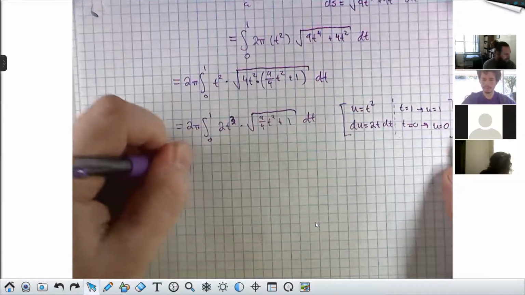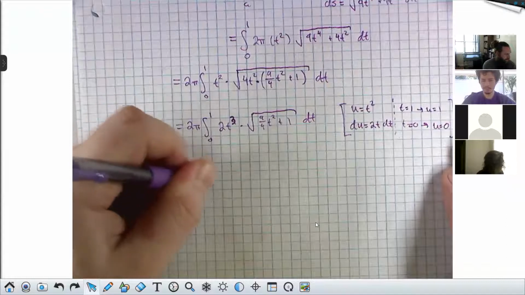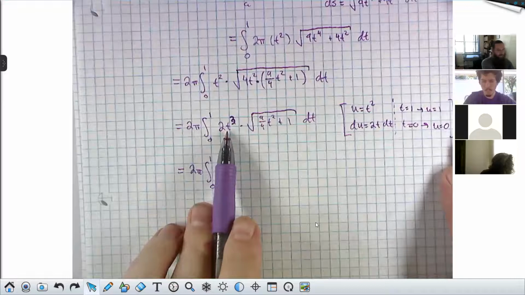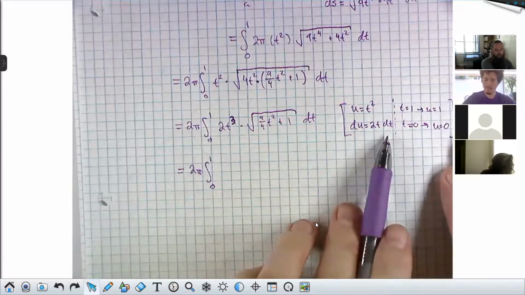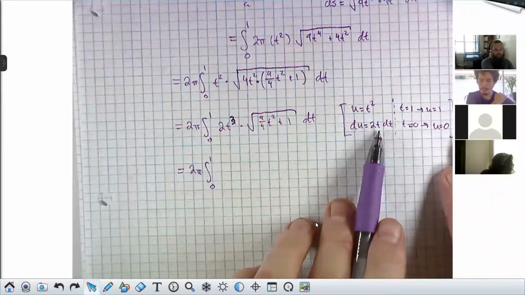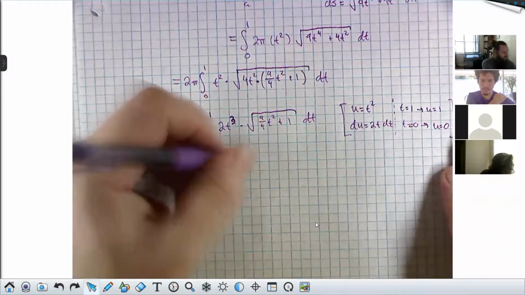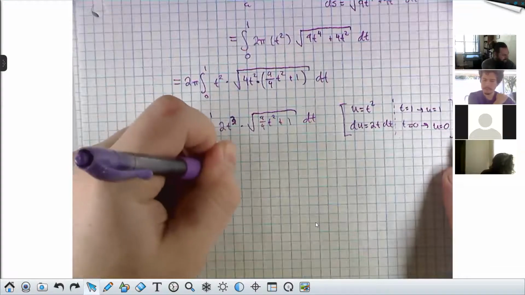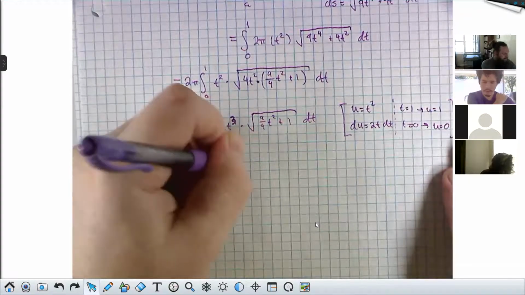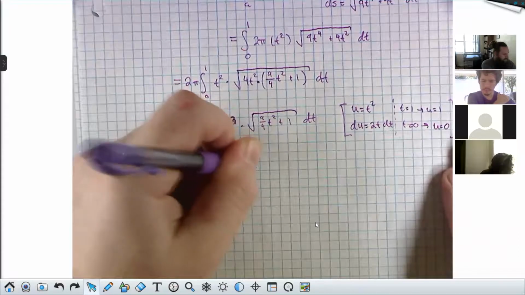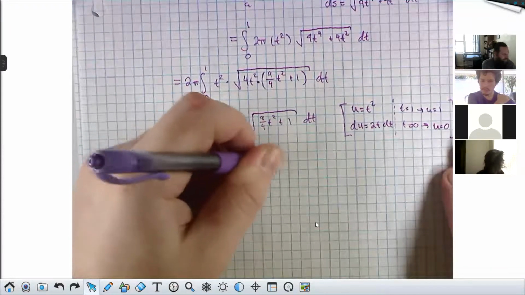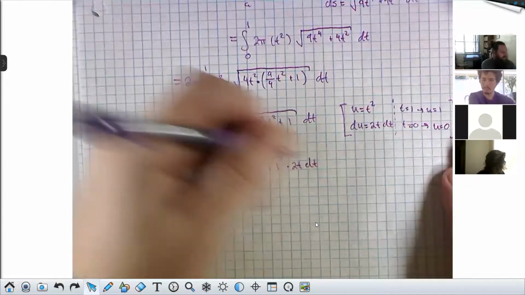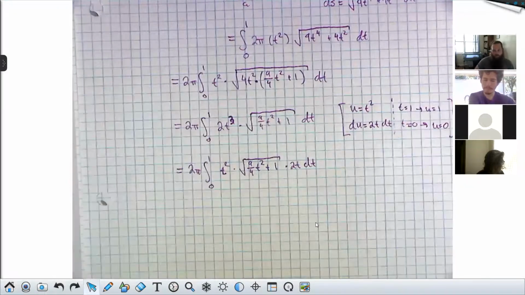So my integral will become 2 pi. Integral stays 0 to 1. I have 2t cubed here. One of those t's is going to get soaked up by the differential, as will the 2. Maybe I'll rewrite this as t squared times the square root of 9/4 t squared plus 1 times 2t dt, just to help everybody see where pieces are going and coming from.